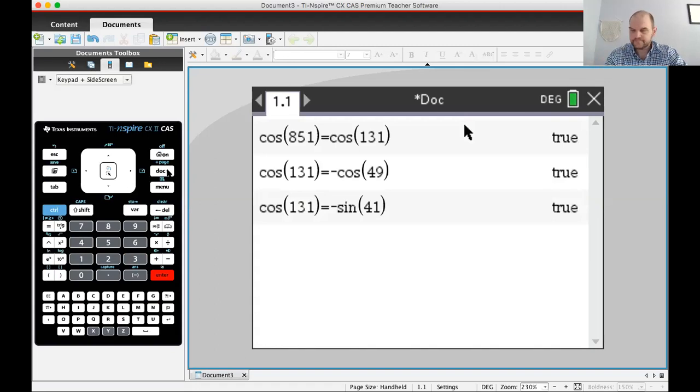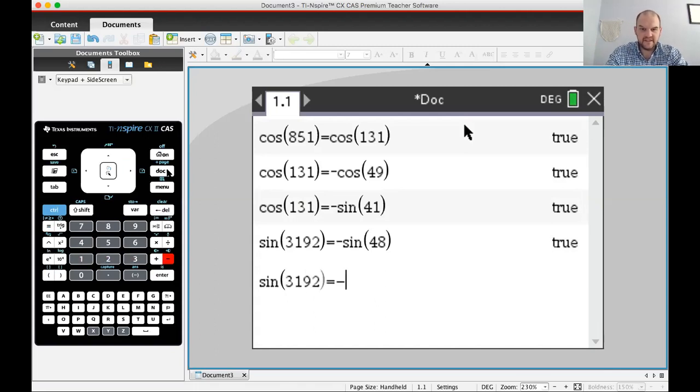So we got it. We can check the next one. Sine of 312. I'll just check the final. Negative sine of 48. True. Sine of 312 equals the negative of the cosine of 42. True. Killing it.